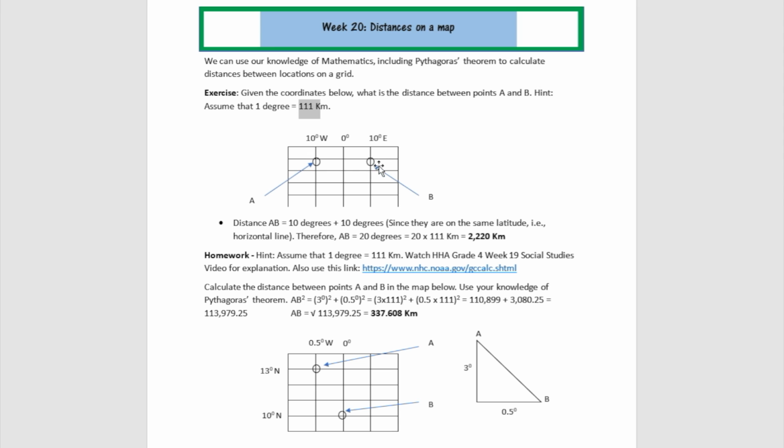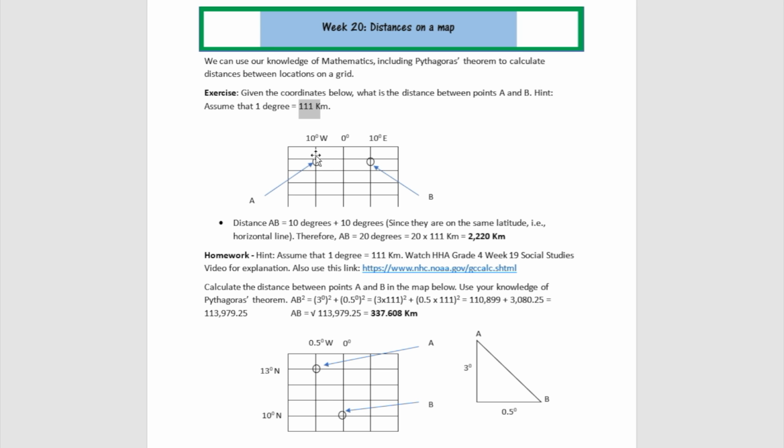All right. And there's another point in here, point B, which has the same latitude as point A because they are on the same horizontal line, but it has a different longitude, and the longitude is 10 degrees east. So the question is, what is the distance between point A and point B? Well, if you remember from last week, we said 1 degree is equivalent to 111 kilometers.